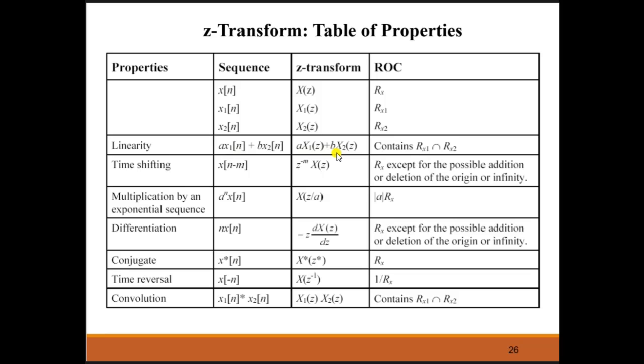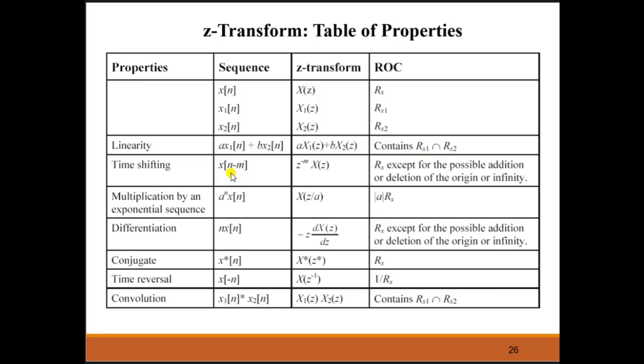Please note that the notation of the Z transform uses a capital X, while the sequence is a small x. Please differentiate between the two so that you don't get confused later. The ROC is the overlapping region of Rx1 and Rx2.